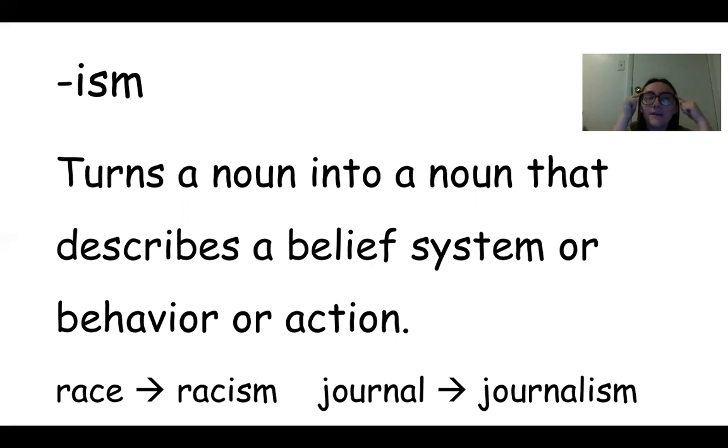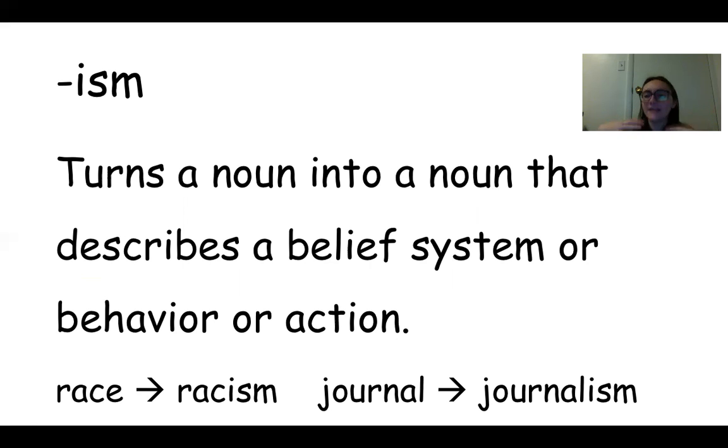So now you may be thinking, okay, so it's not really changing the word. It still works as a noun in the sentence, but it turns the noun into a noun that has a different meaning. So race is a noun, but when you add the ISM, it's used to describe a belief system, a behavior, or an action, a way of life type of thing.